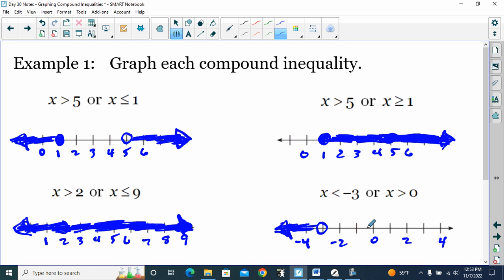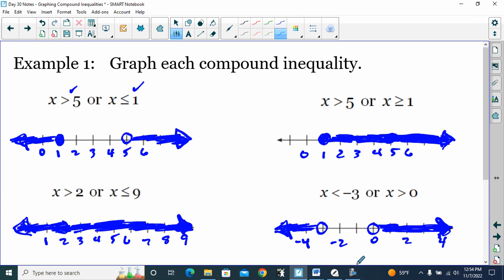Or X could be greater than 0. Again, for an or statement, we shade in the first one, we shade in the second one. We shade in each of them because either one could be true. It could be the first one, it could be the second one, it could be both of them.